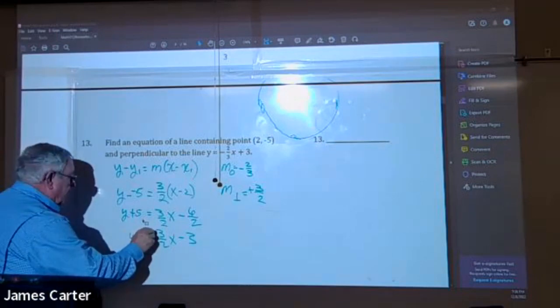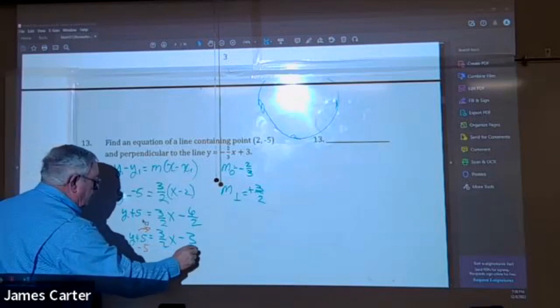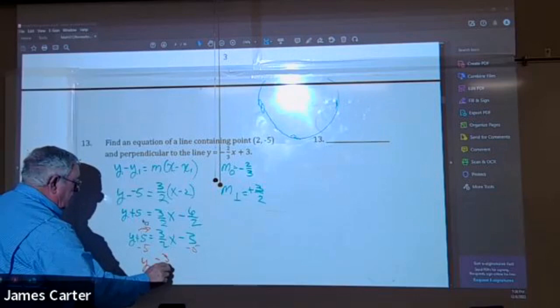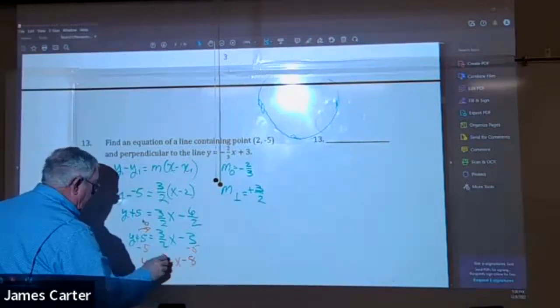Now I want to take this 5 over to the other side. Minus 5, minus 5. So I get y equals 3 halves x minus 8.